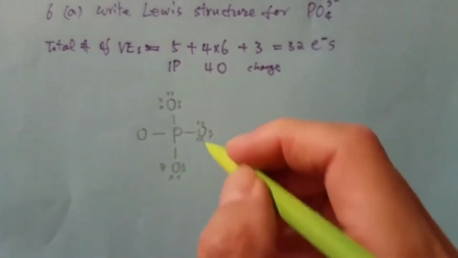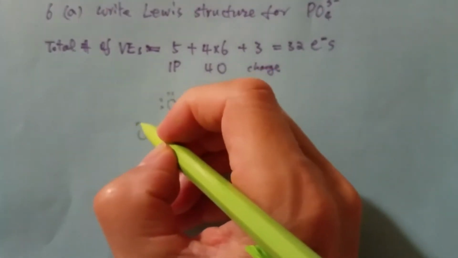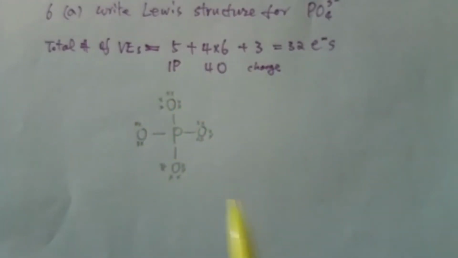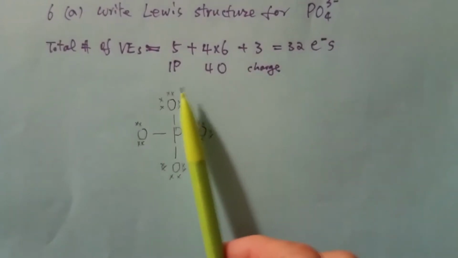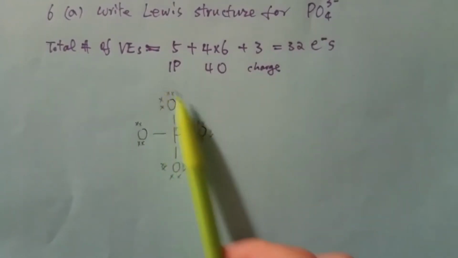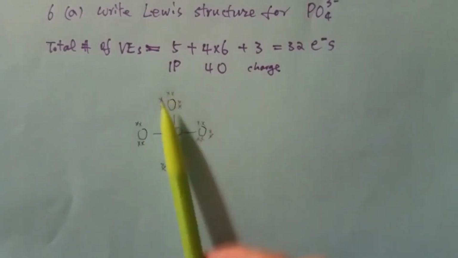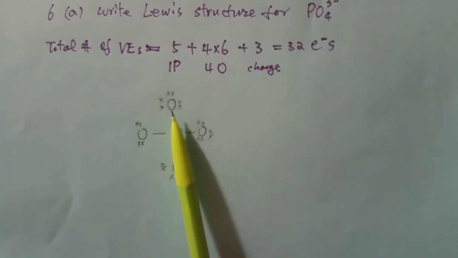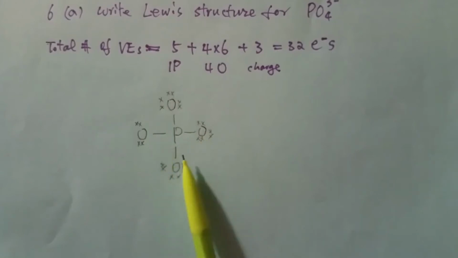So you see, for each oxygen that's a total of 8 electrons, another 8, another 8.